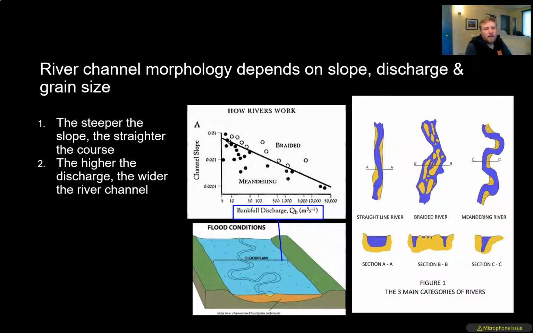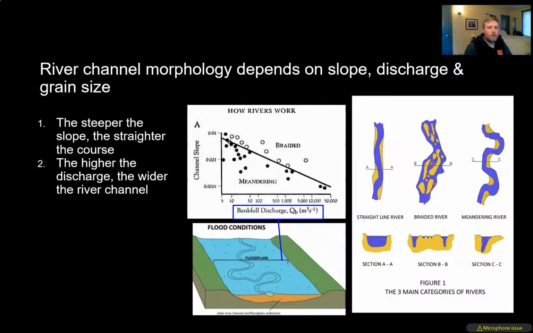This distinction also depends on the bankfull discharge, meaning the amount of water flowing through the entire floodplain during a flood. Okay, so the higher the stream flow and the steeper the slopes, the more likely it is that you will have a braided river, right?